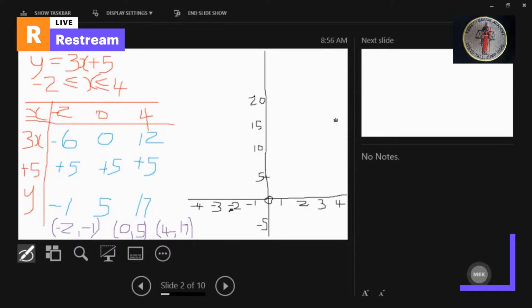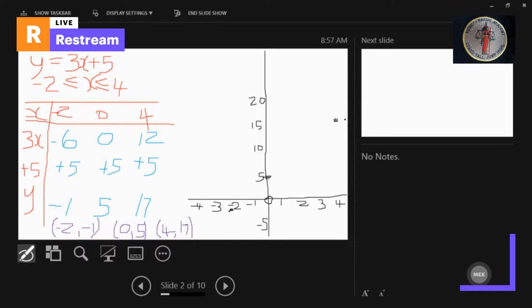What I'm going to do next is to join the points. If I were doing this on graph paper, I would take the ruler and connect these 3 points, right?